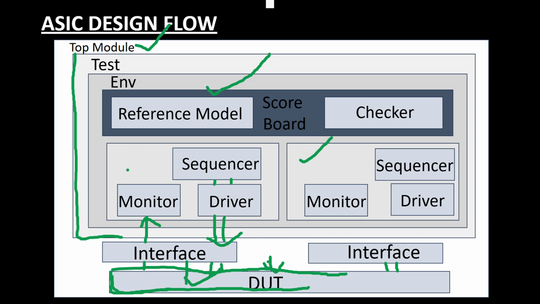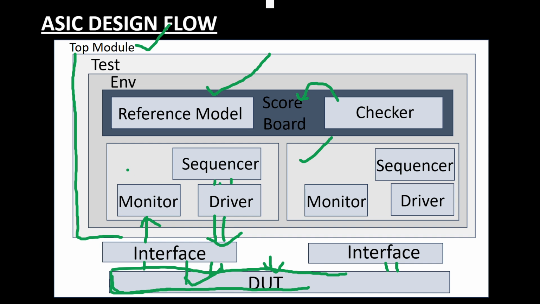The output got from the DUT and the correct output in the reference module will be checked by the checker, which displays whether our code is correct or not using the scoreboard. Both the reference model and checker together are called a scoreboard. Sometimes there is a scoreboard and some other model.